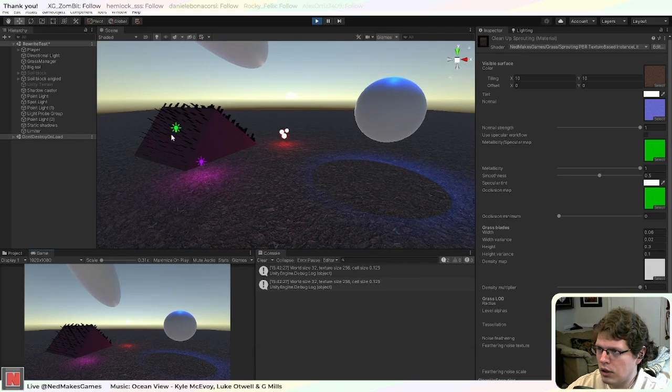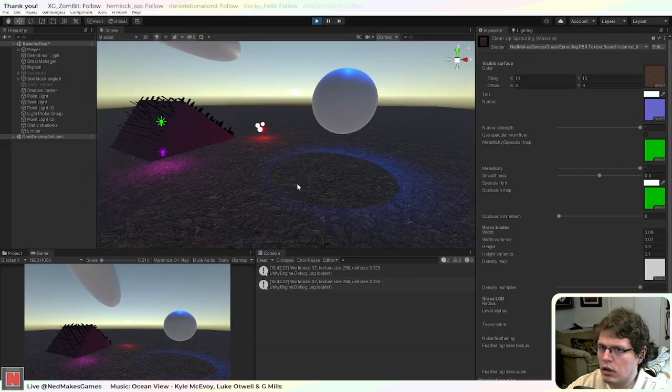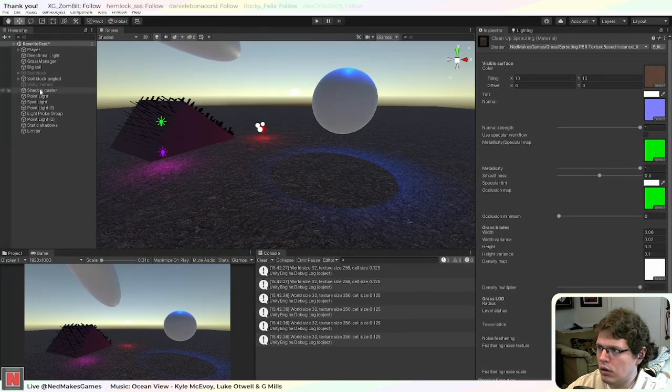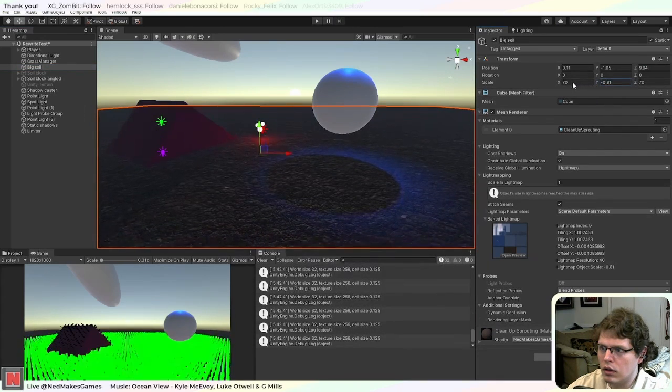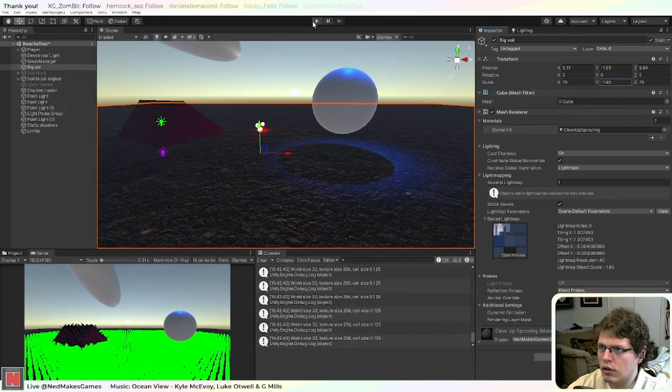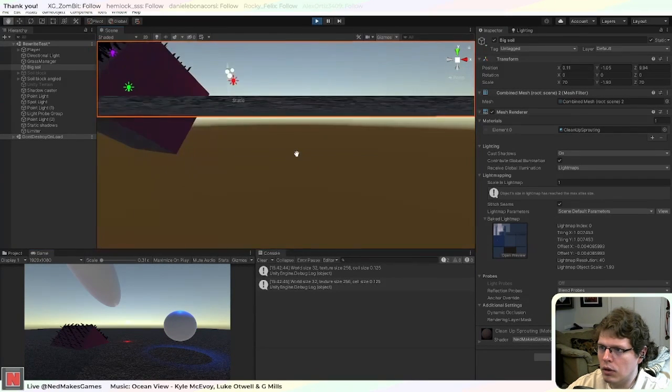Okay, so at least we got it to show up here again, but there's still nothing on the soil. Unless I give it a negative scale and then it shows up. Okay, only in the editor.